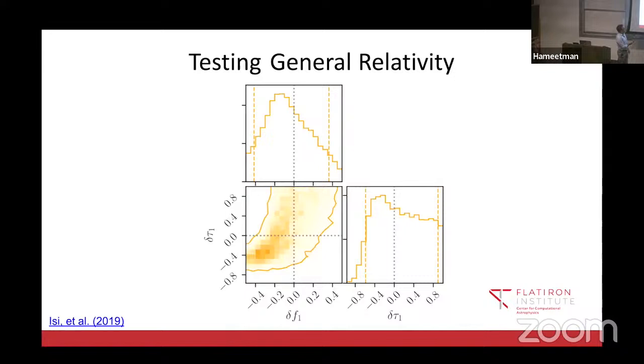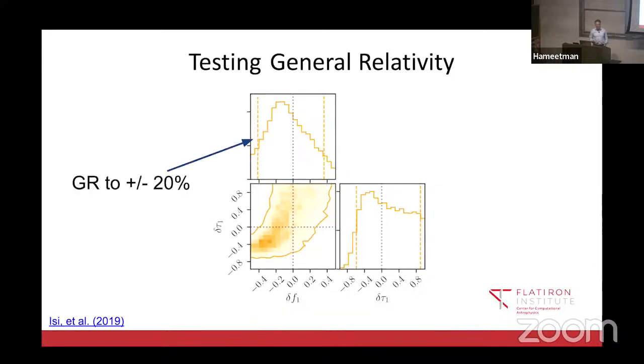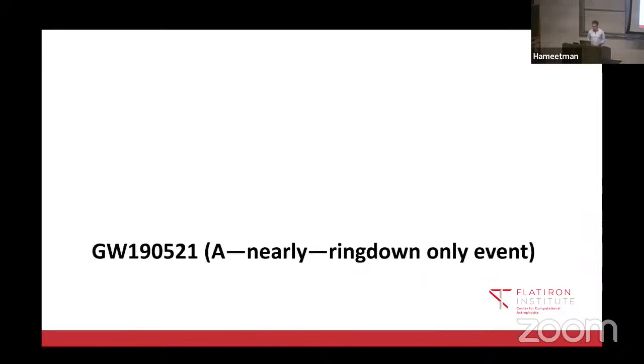And the answer is it is totally consistent with being right where it should be. Its damping time is very uncertain, sort of at the factor of 2 level, but its frequency is not. Its frequency matches the frequency you would expect to about plus or minus 20%. Great. We should do this again.